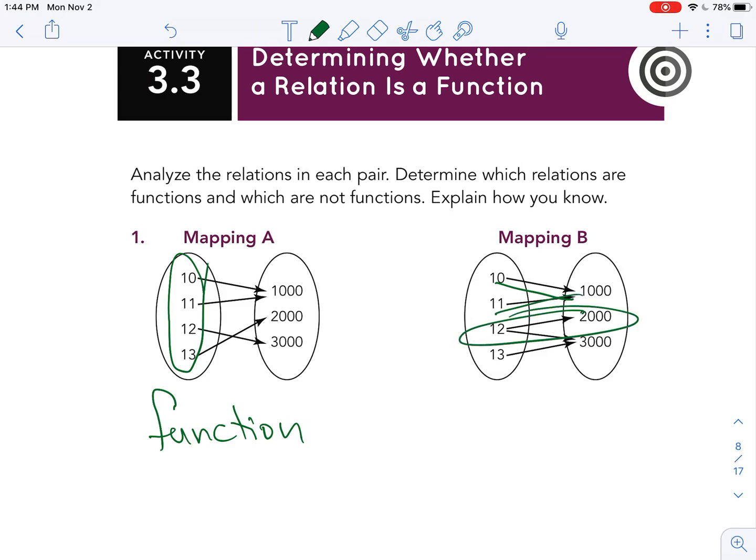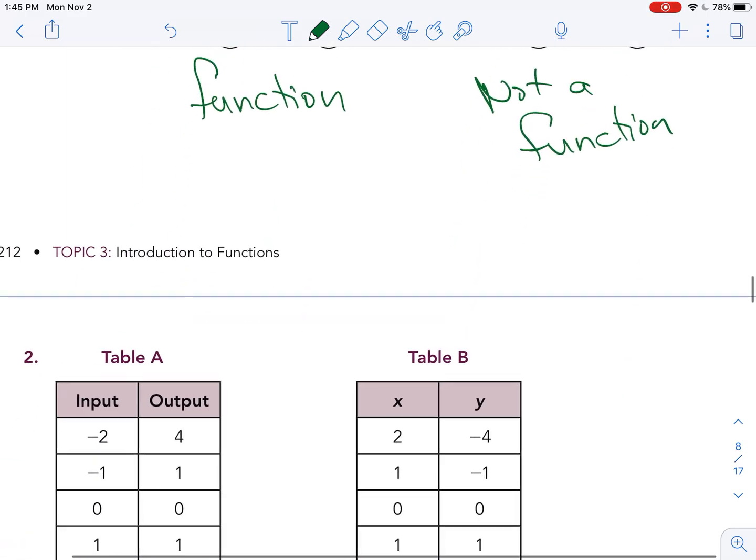It goes to 2 different things. Because 12 goes to 2 different things right there, that means this is not a function.